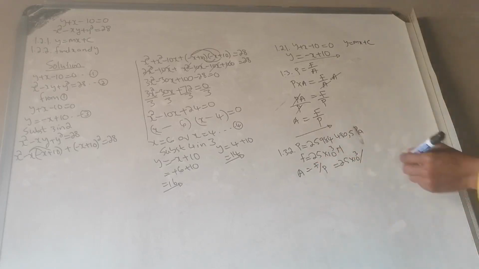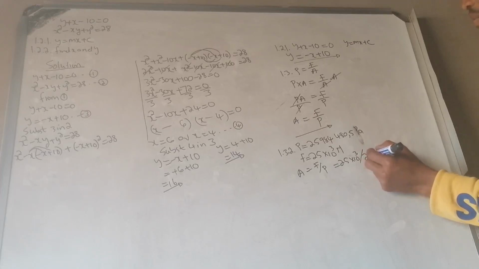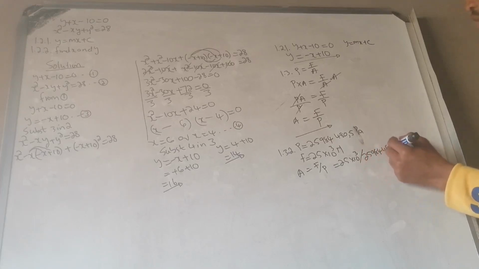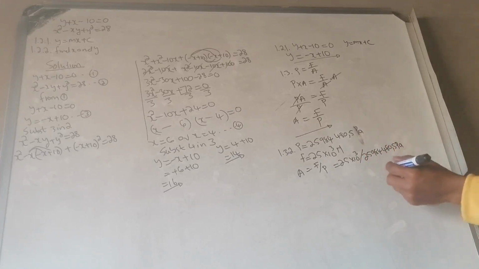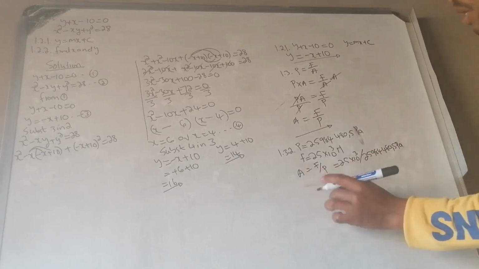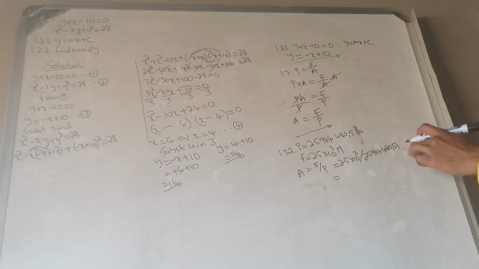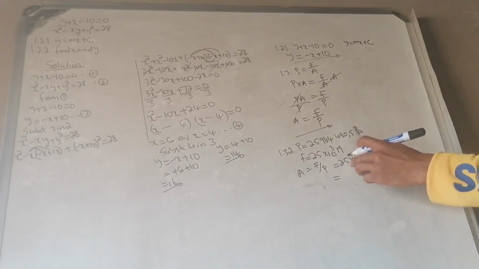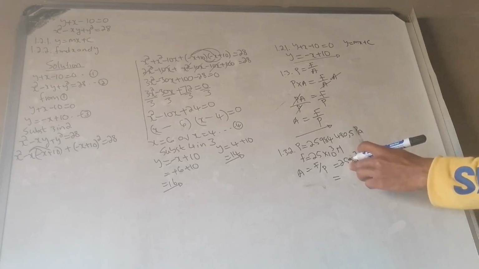Divided by P, which is 25,984,480.5 Pa. And then what value do we get there? Because I did not include Newton.